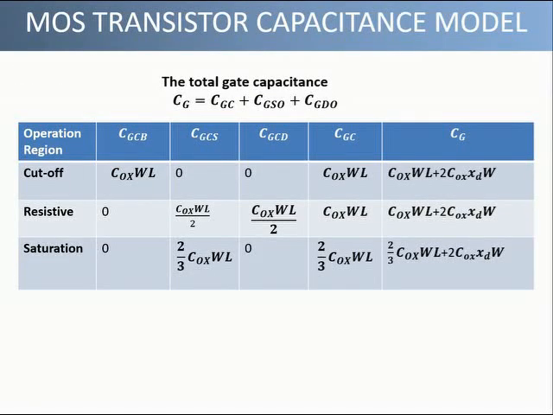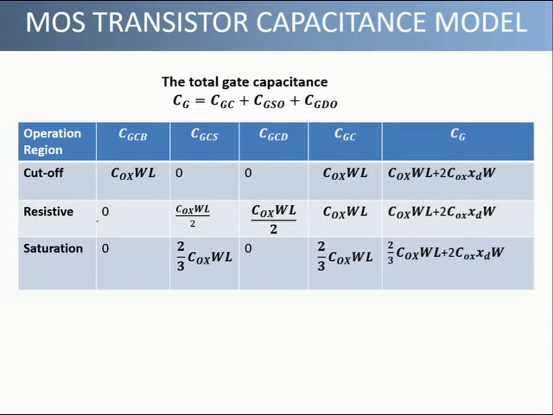So the effect of gate to channel capacitance is summarized in this slide. In cutoff mode we have only gate to body channel capacitance whose value is Cox WL. This is the maximum value of gate to channel capacitance.